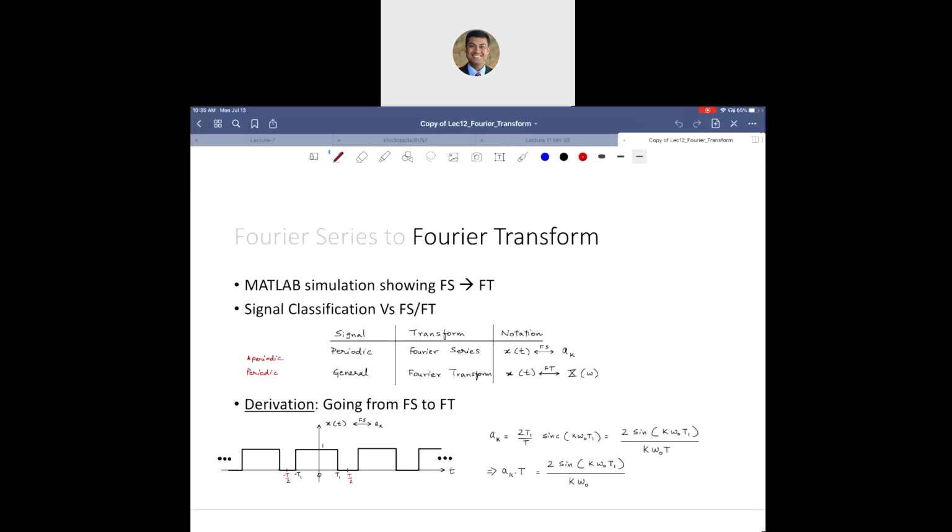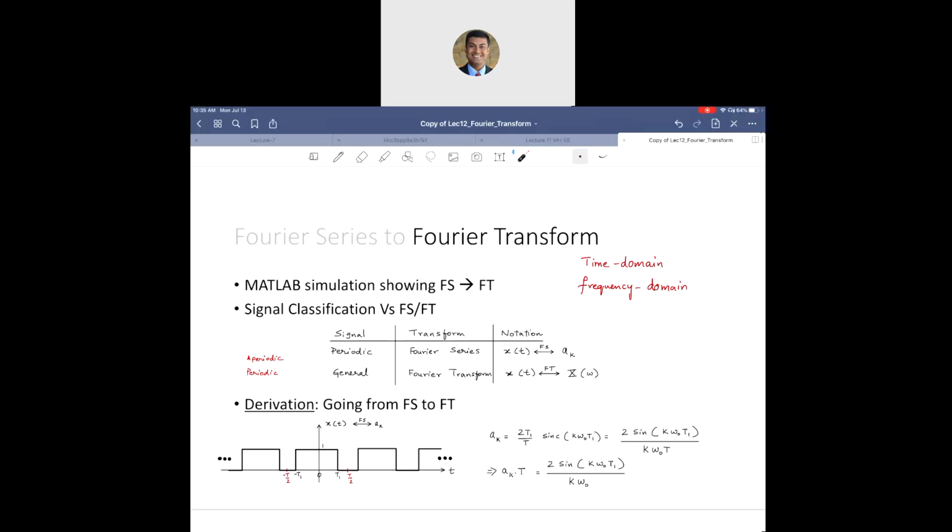So now you will start hearing me use the terms time domain and frequency domain. When I talk about time domain, I'm talking about how a signal behaves with respect to time. So what is its amplitude at 1 second, at 10 seconds, at 50 seconds, tomorrow, with respect to time.